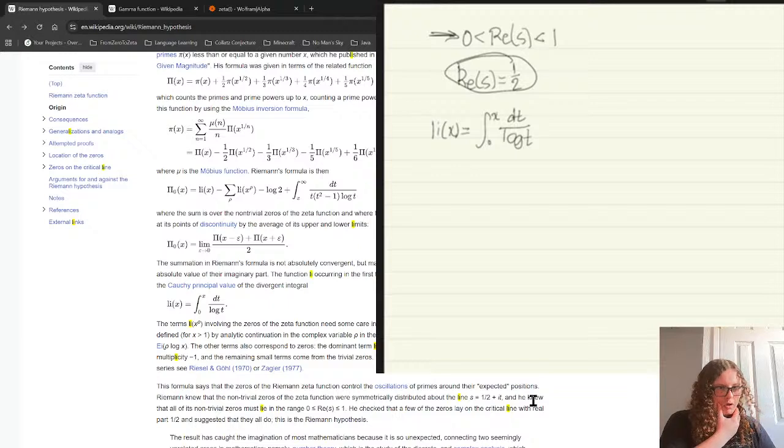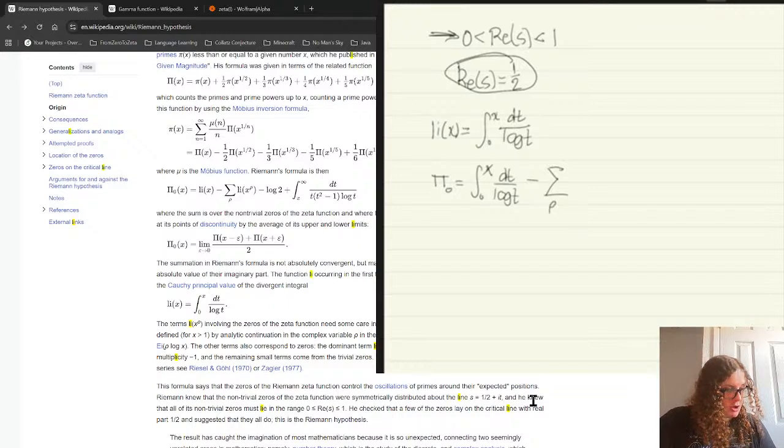So capital Pi naught is equal to the integral from 0 to x of dt over log t, minus the sum over, oh wait, the sum is over the non-trivial zeros of the zeta function. Wow.